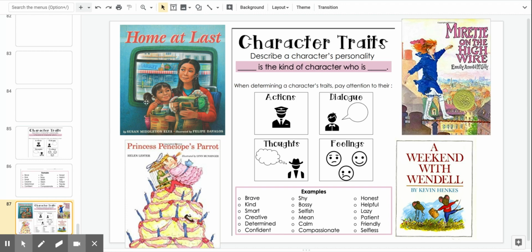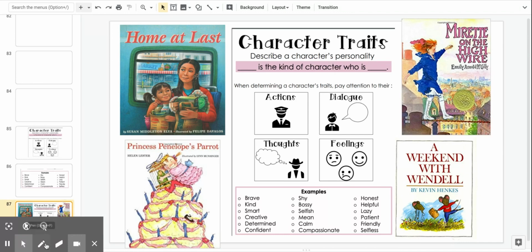So let's think back to the story Home at Last. Remember, in this story, the girl and her family left Mexico and came to America, where they didn't speak the language and had a very difficult time adjusting to life in America.